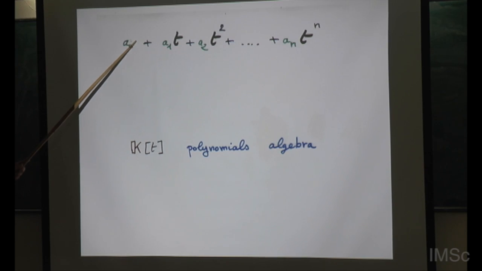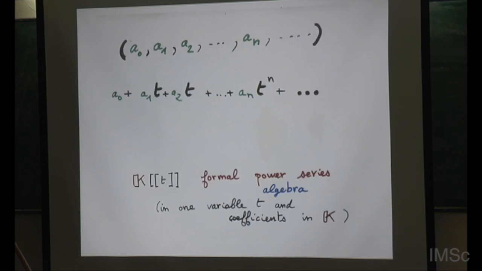So this is a polynomial. Everybody knows a polynomial algebra. Polynomials with multiplication, sum, multiplied by a scalar, and formal power series. This is just a notation. It will be rigorously defined next, but this is a notation for this infinite sequence.